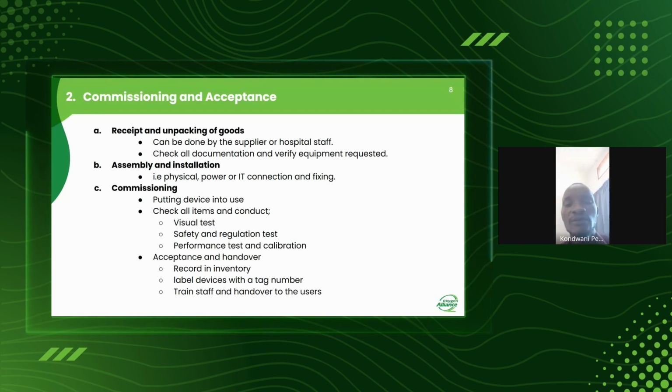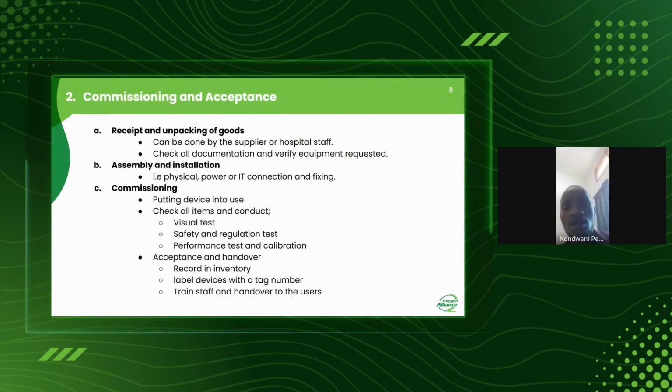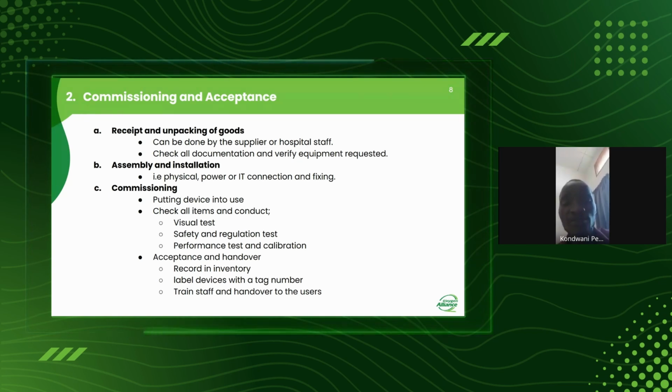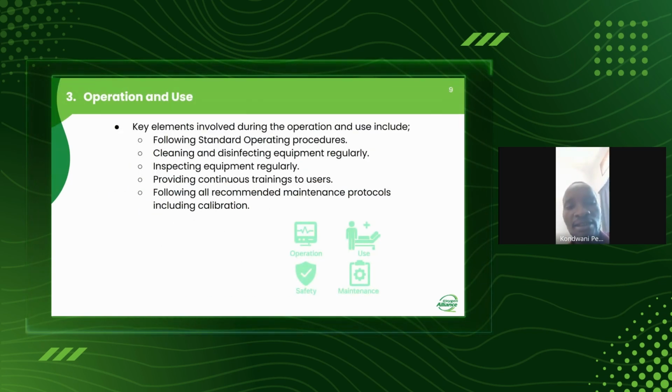After you have entered it into inventory and trained the staff, that's when you are comfortable saying it is ready for use. I hope you are together with me there. So let's move to the next slide.